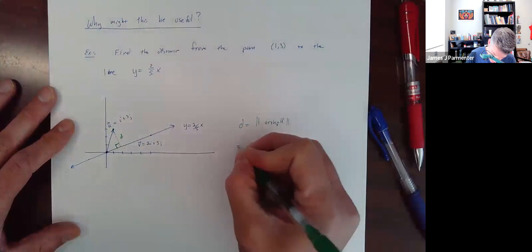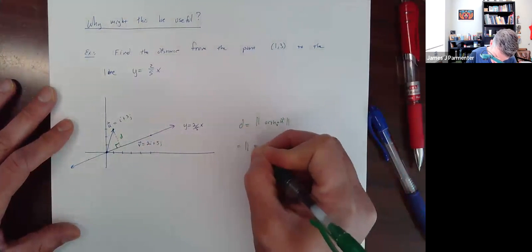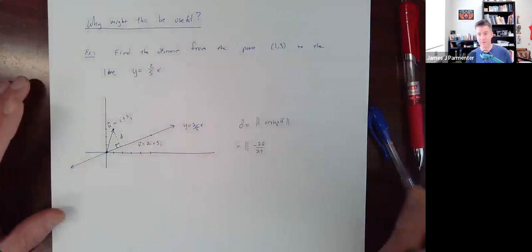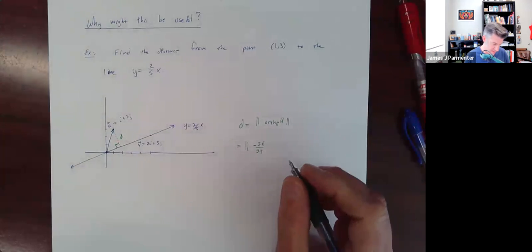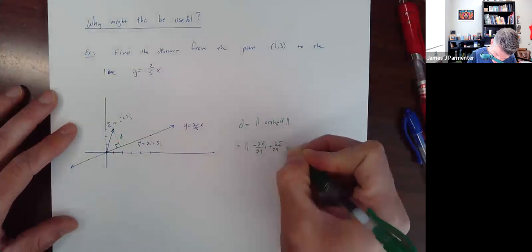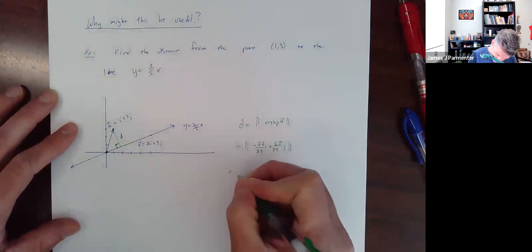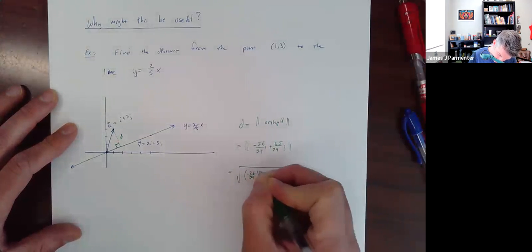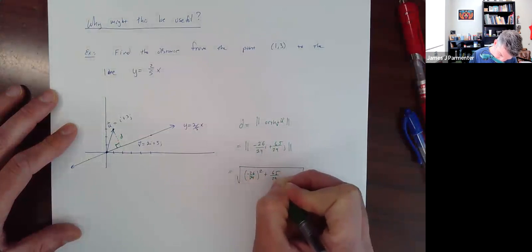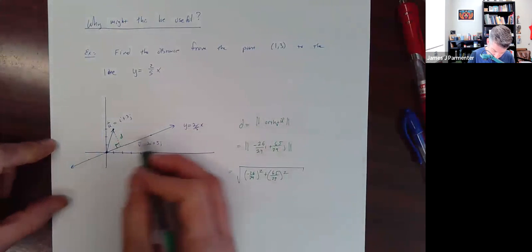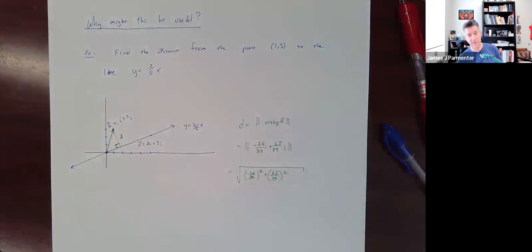So that's the magnitude of negative 26 over 29 i, plus 65 over 29 j, which is just going to equal the square root of negative 26 over 29 squared plus 65 over 29 squared. And I wouldn't do anything else with that, but that would be your distance between this line and that point. And so that's definitely an idea we're going to use later on.